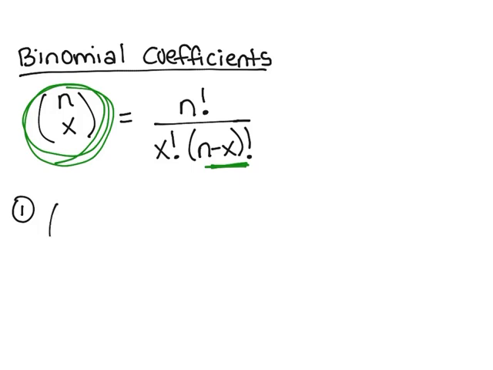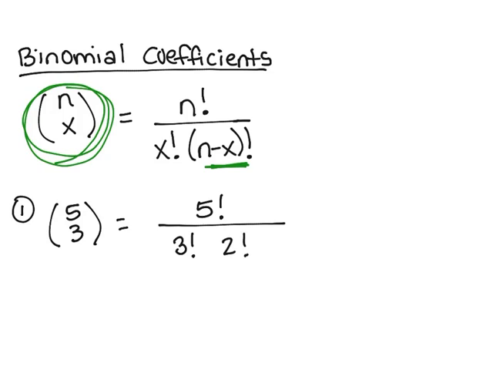If I were to ask you to find the binomial coefficient for 5 over 3, 5 would be n and 3 would be x. So you would have 5 factorial on top, 3 factorial on the bottom, and the difference between 5 and 3 is 2, so 2 factorial on the bottom as well.